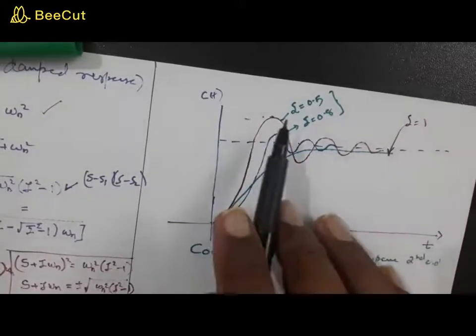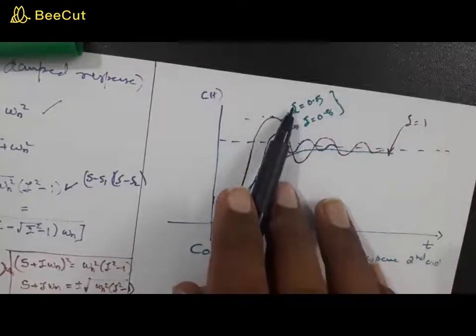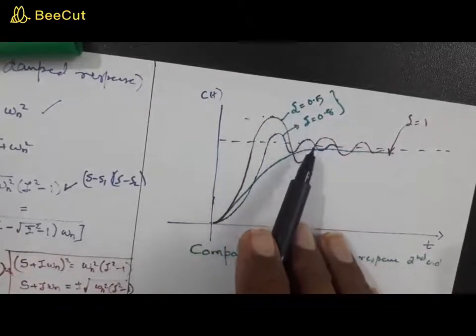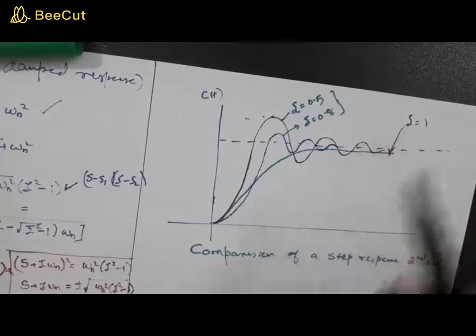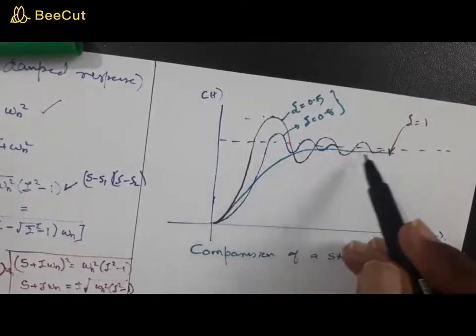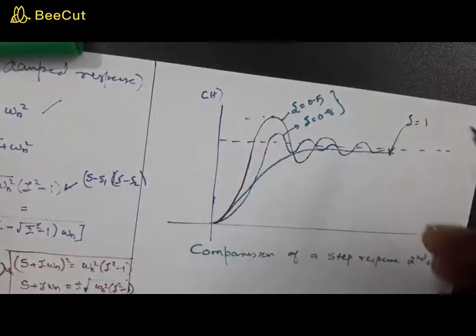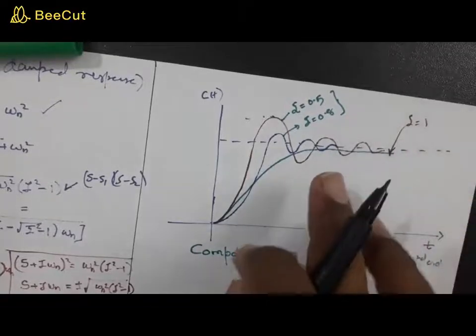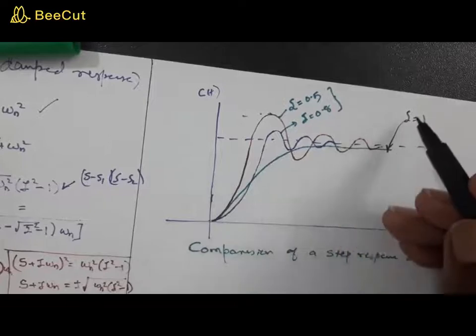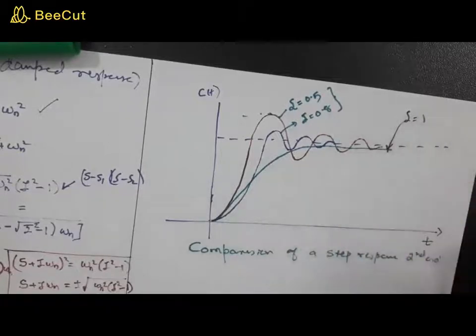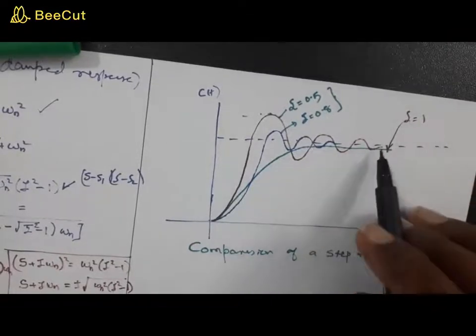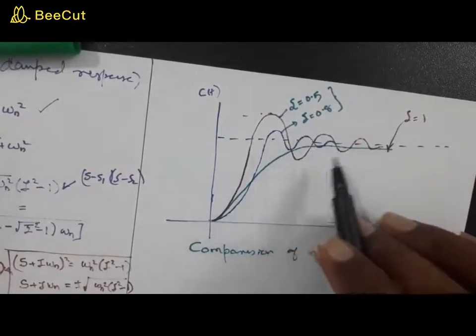As you can see, as theta increases, the oscillation decreases, and a stage comes when theta equals 1 where the oscillation is totally eradicated. At this point the system manages just to vanish the oscillation. It was there till theta is equal to 0.99999, etc. As it reaches theta equal to 1, it just manages to nullify the whole of the oscillation at the output.